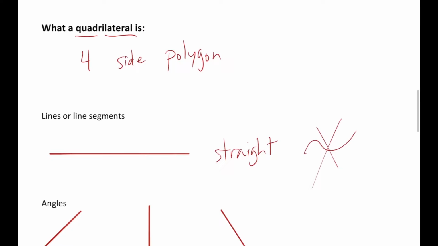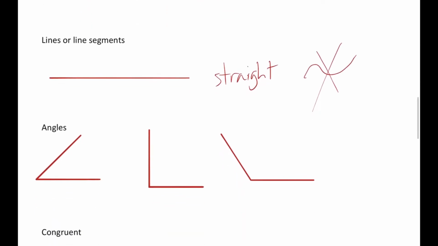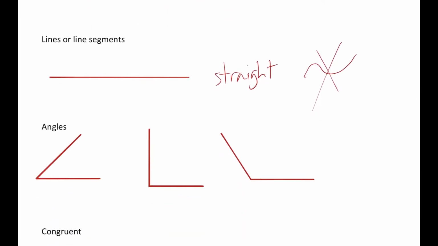We also need to know, before we can get too far into quadrilaterals, we need to talk about angles. This, again, is not new like the other stuff. This is kind of review. But I have three types of angles. I have an acute angle, which is less than 90 degrees, or smaller than 90 degrees.